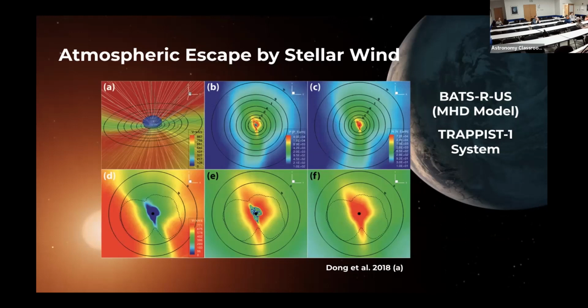So they were able to model all these specific things like the velocity of the wind, pressure at the planet's orbit, and the number density of particles. So stellar wind can basically blow off the ions high up in the atmosphere of these planets.